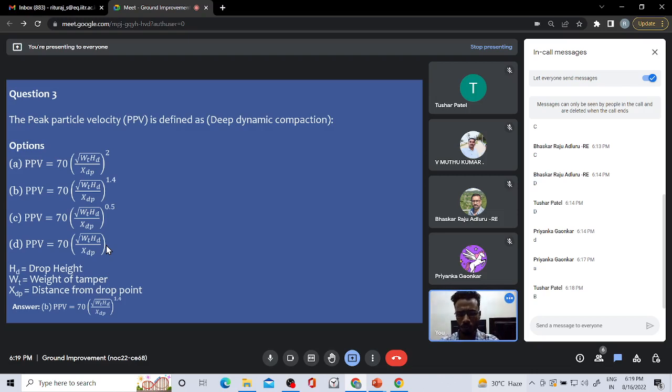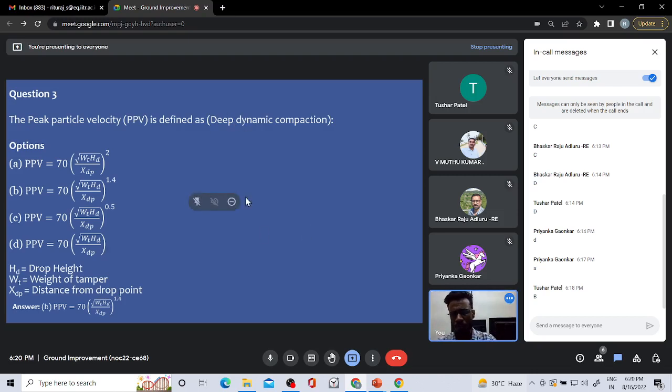Due to that displacement there will be vibration, and the particles will vibrate with a certain amplitude. That amplitude can be velocity, acceleration or displacement, but the amplitude corresponding to velocity, the maximum one, is what we call peak particle velocity.